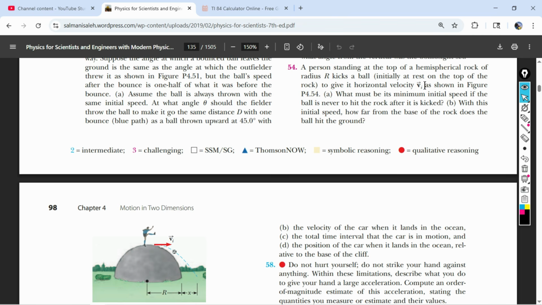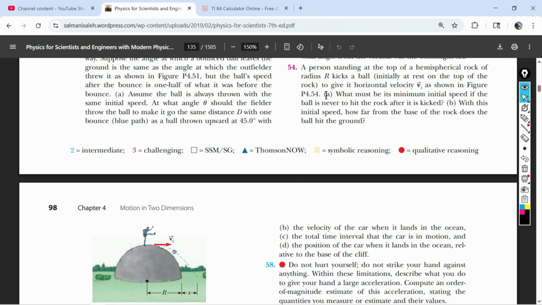This little i is for initial velocity. So we have that vector. Don't be confused with this i, because a vector in the x direction could be i hat, which is a unit vector in the x direction.